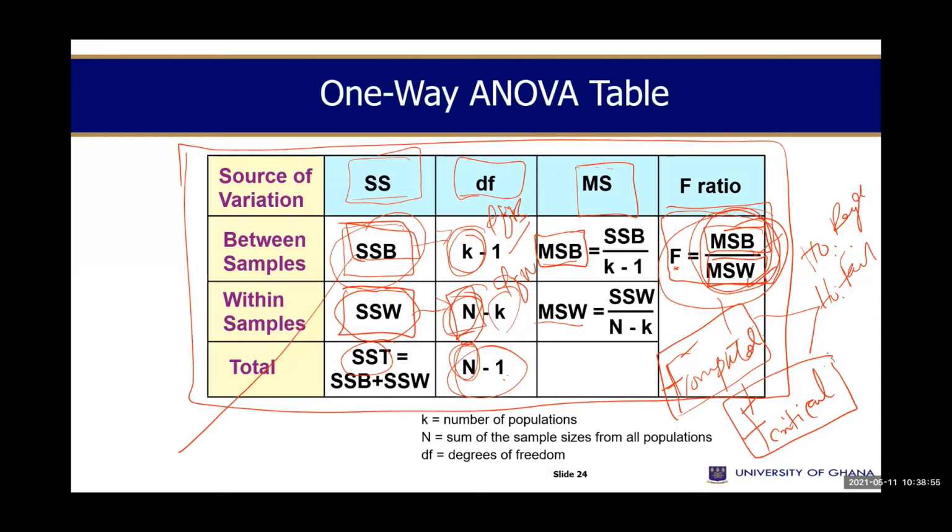So all that I'm trying to say is this: I go to ShopRite and tell them we want to find out whether the sales performance of each store in all the shopping malls in Ghana differs from the others or they are performing the same.